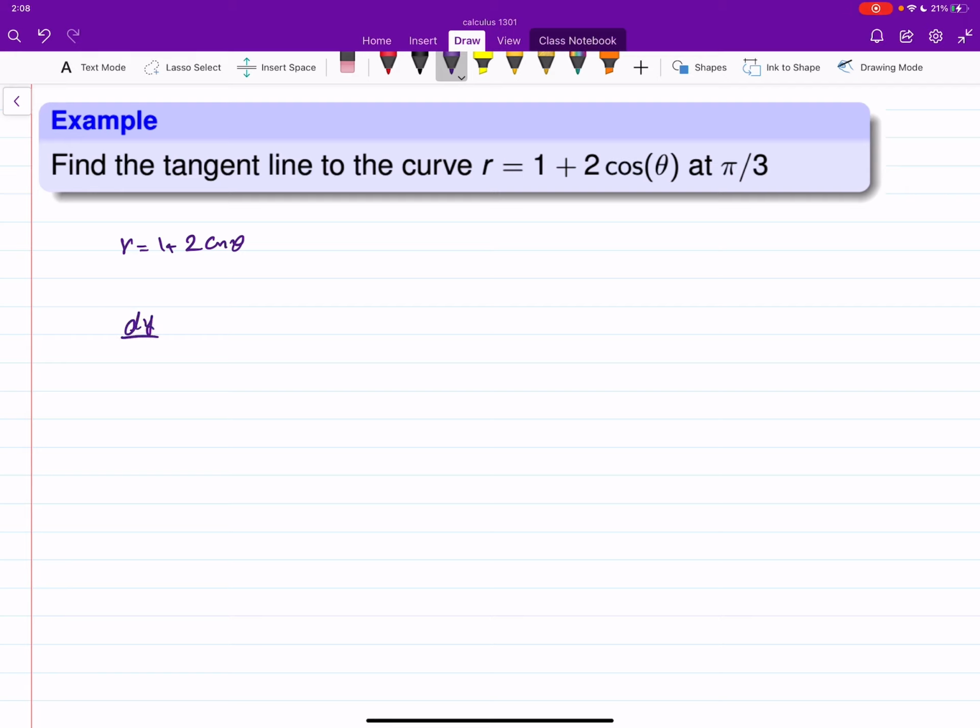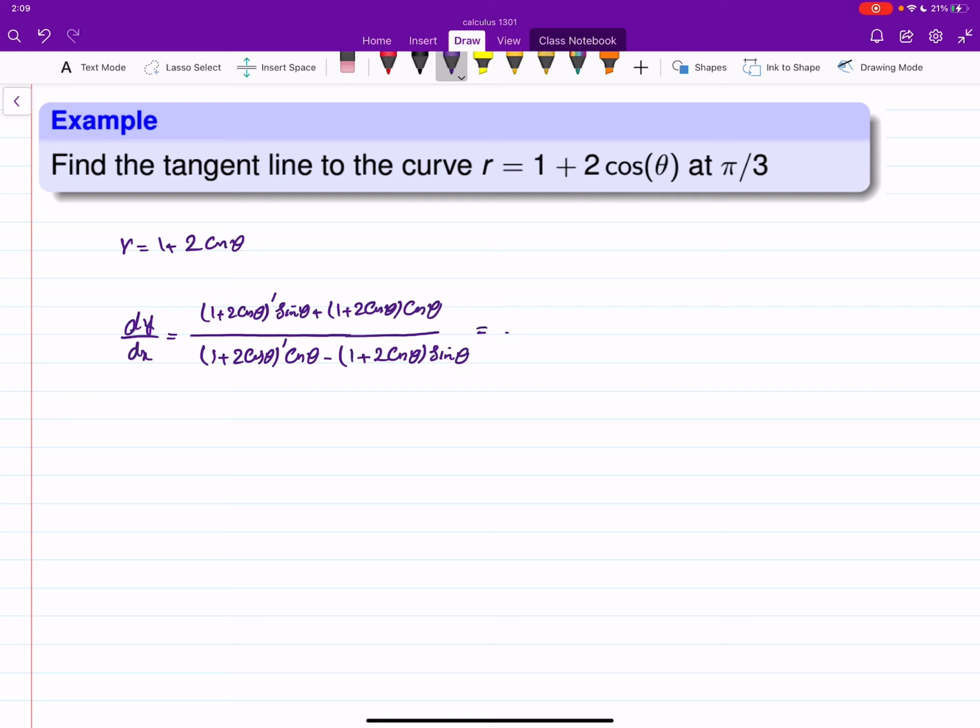So dy/dx is the derivative of this times sine theta plus r itself times the derivative of sine, which is cosine theta. And the same story in the denominator, but instead of sine theta multiplied there, we have cosine theta multiplied there, yes.